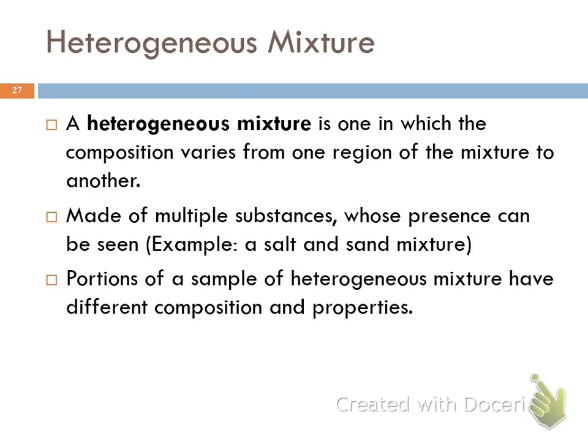So in a heterogeneous mixture, the composition can vary from one region to another. It's got multiple substances, and the presence of those substances generally can be seen. So if you take salt and sand and mix them together, you can mix them all that you want, but when you spread them out and look at them very carefully, you can see, oh, that's a salt crystal, this is a piece of sand.